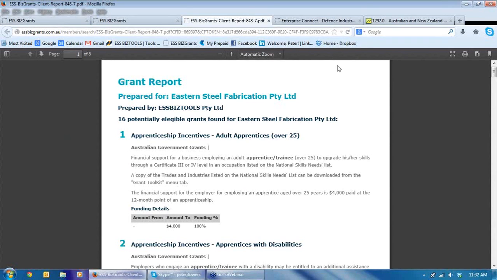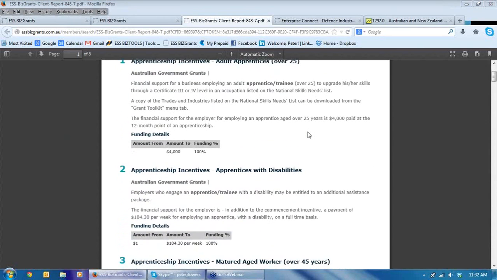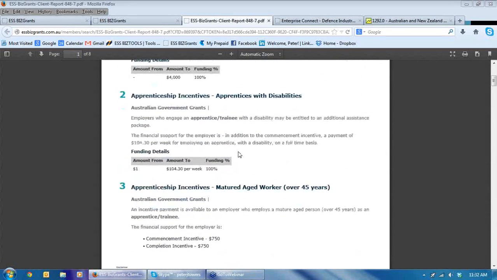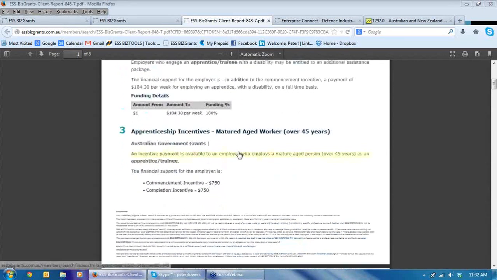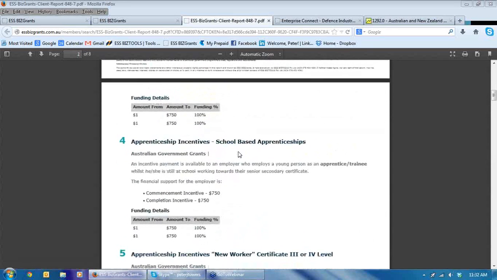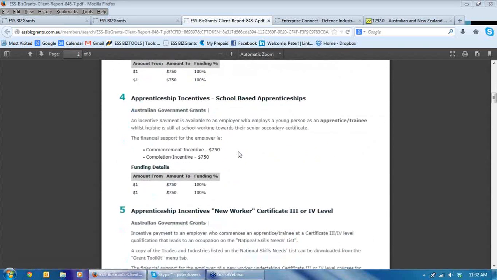The report then will give you a synopsis of what the grant's about and will show the funding amounts. And you could, if you wish, add to this the printout of the article which we've produced on that particular grant. So it's telling them a bit about the grant and the amount of money involved.